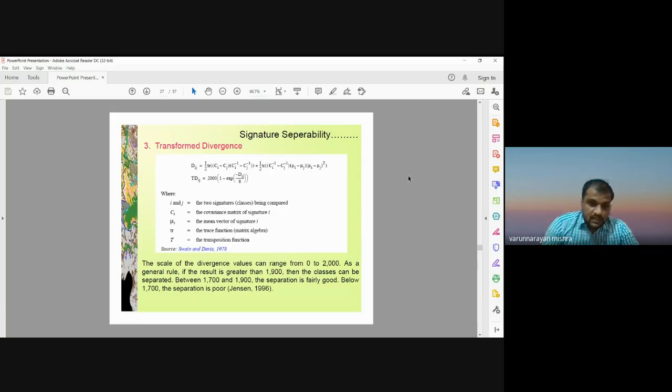If you get a value below 1700, then the separation between the two spectral signatures is considered poor. So this is another important approach, transform divergence, to calculate the signature separability of the spectral signatures of two different classes.